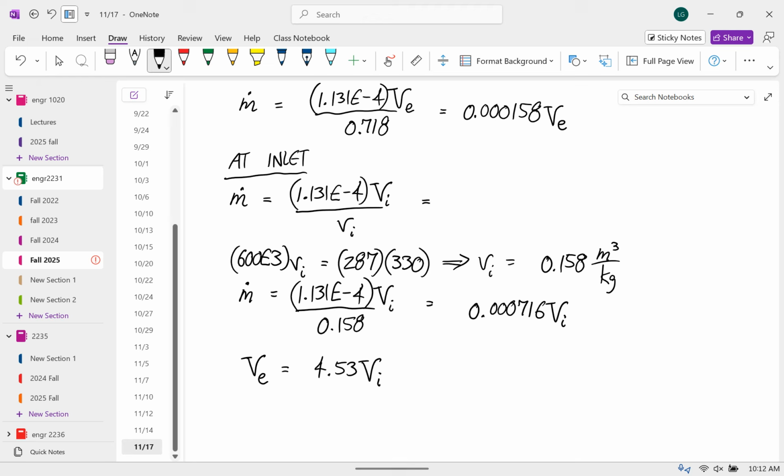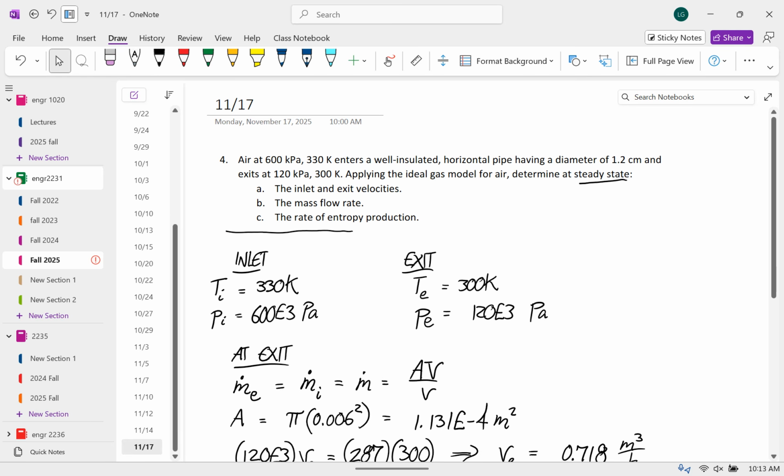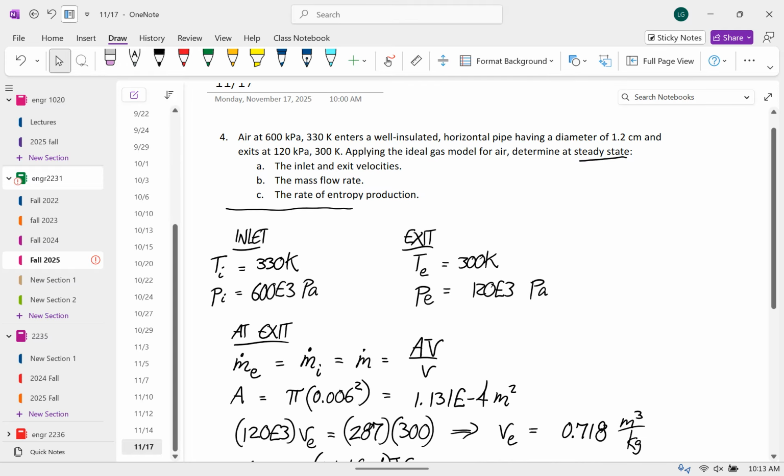Okay, so we're trying to find inlet and exit velocities, mass flow rate, and the rate of entropy production.